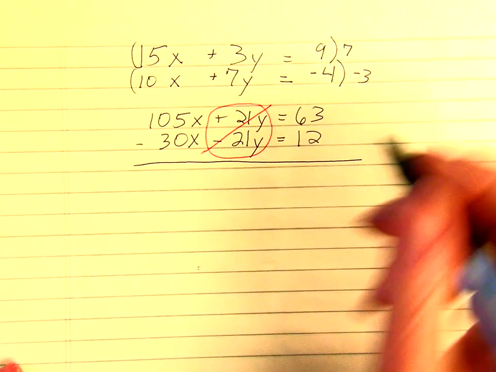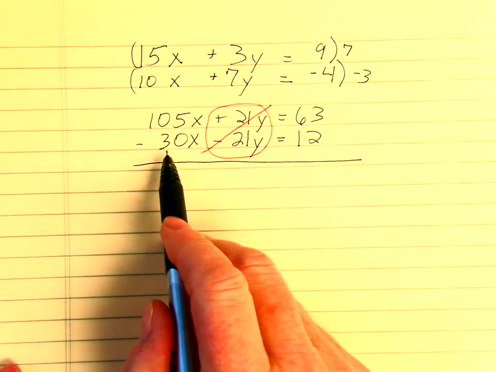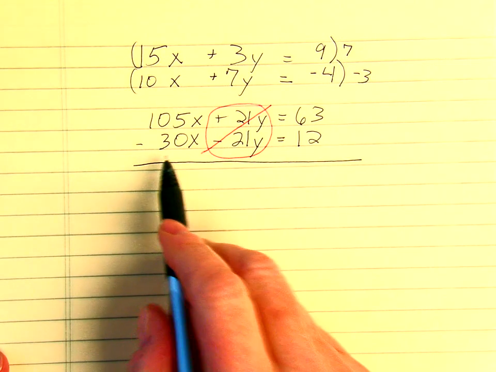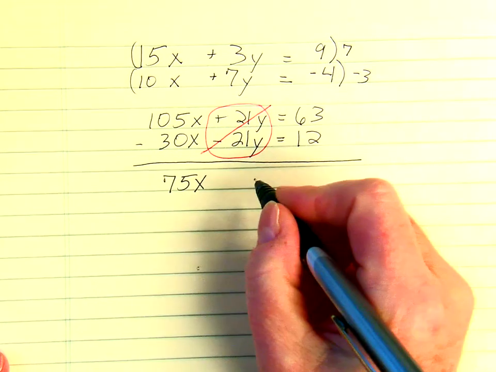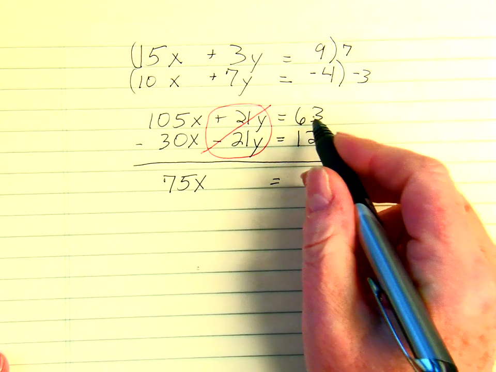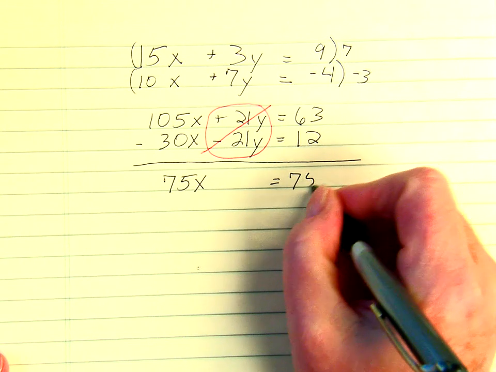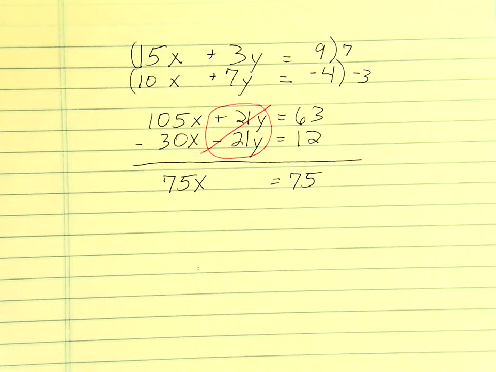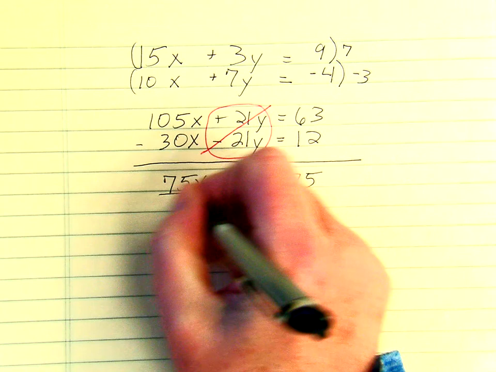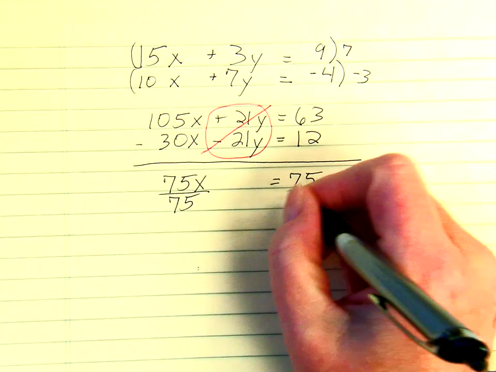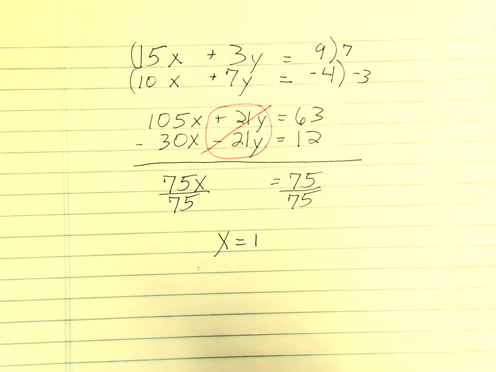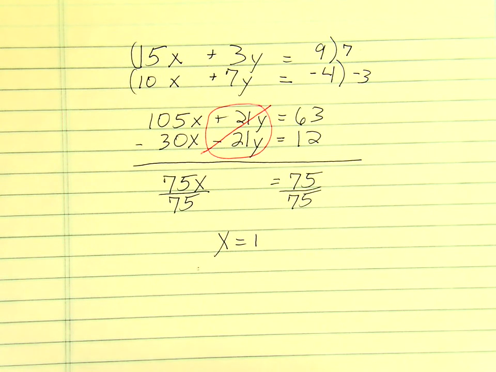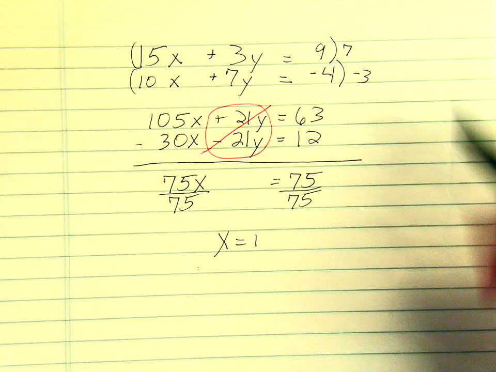Okay, and that gives me, when I combine them, 105 minus 30, so that gives me 75 x's, equaling 75. Well, I really shouldn't have worried, so that didn't matter much at all. So 75 divided by 75, once again, x is equal to 1. Now I go back to my original equation.